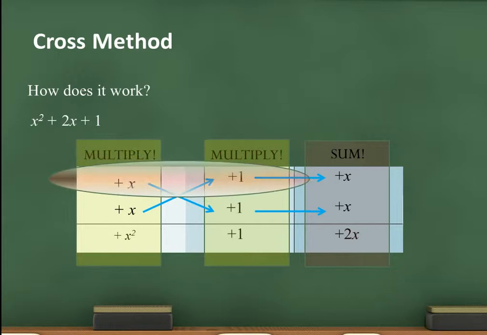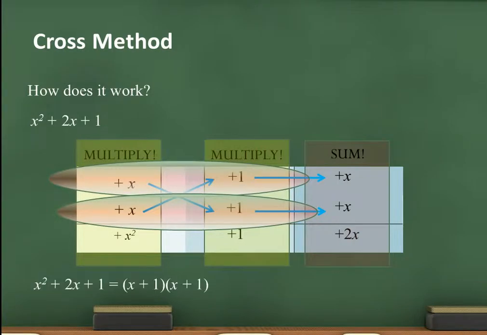And how do we get the answers? We get the answers from the bubbles that you can see: positive x plus 1, positive x plus 1. And how do we represent the answer? We simply write it down like this.